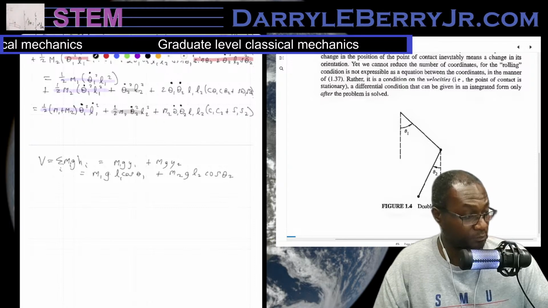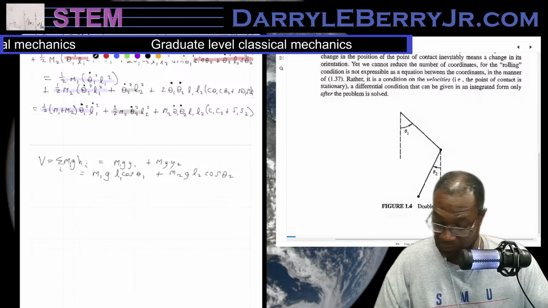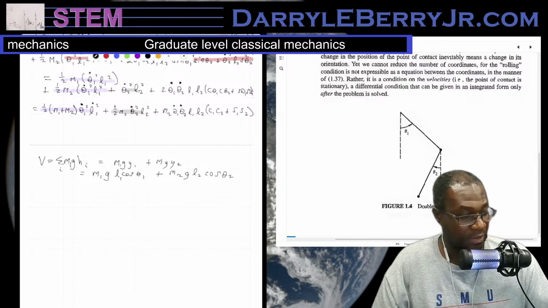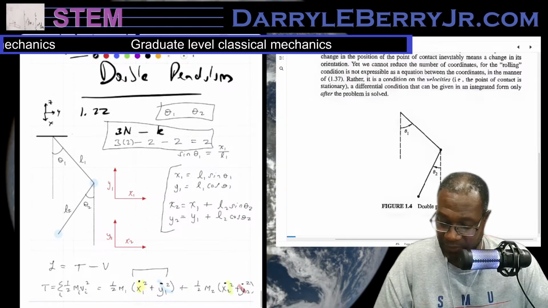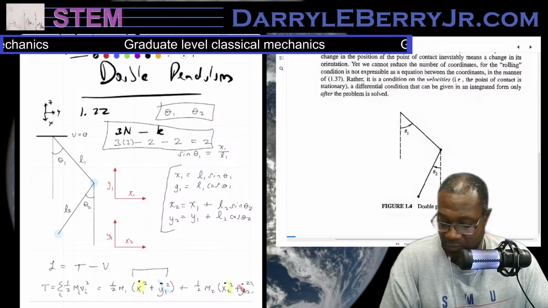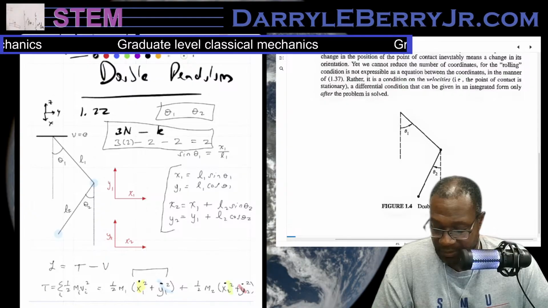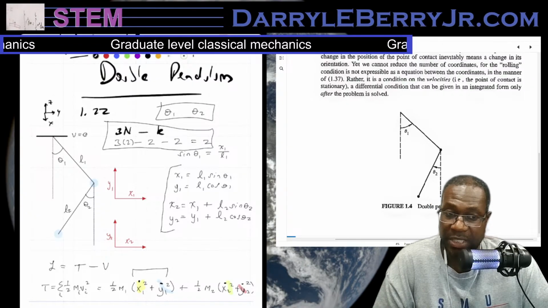Let me see. Yep. And interestingly enough, she let this be V equals 0, which I guess makes sense because then it's less to calculate.